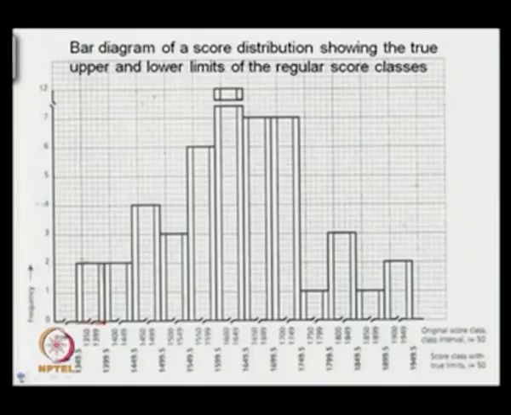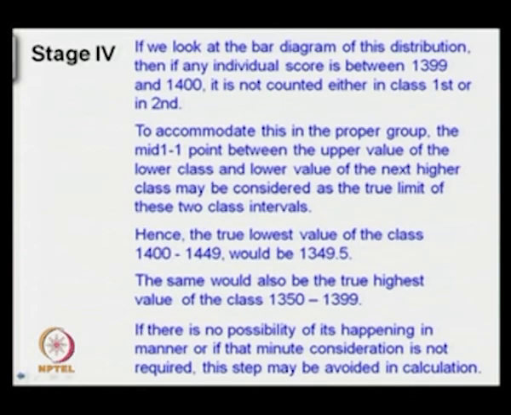Now, if we read this slide, what does it say? If we look at the bar diagram that we have seen right now of the distribution, then if any individual score is between 1399 and 1400, it is not counted either in the first class or in the second.